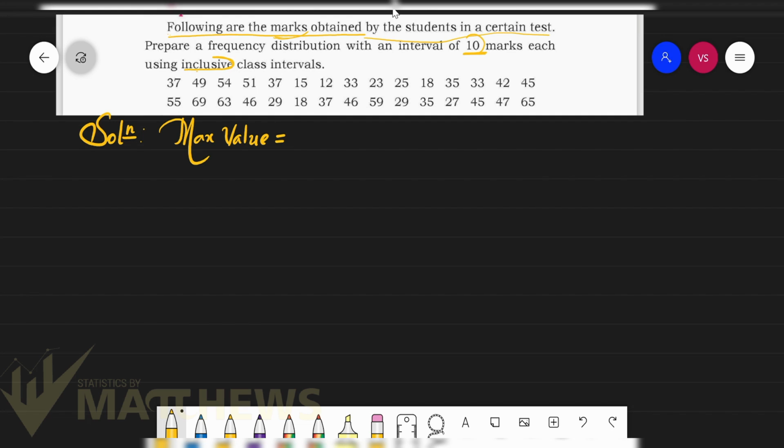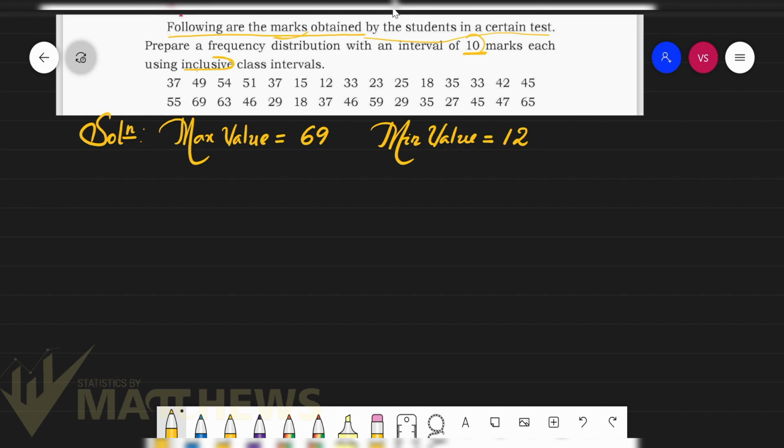Yes, the maximum value is 69. And what is the minimum value that we have here, students? The minimum value in the data is 12. Okay, 12 itself. Now, the minimum value is 12 and the maximum value is 69.